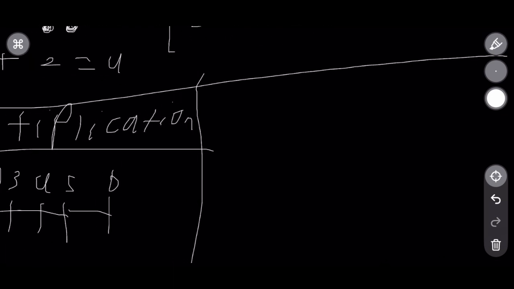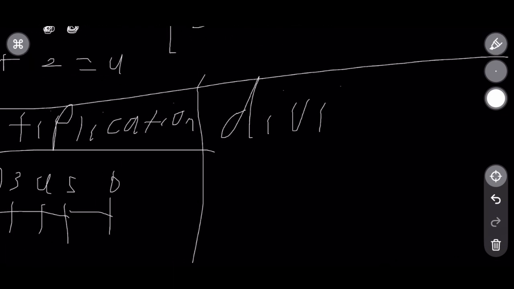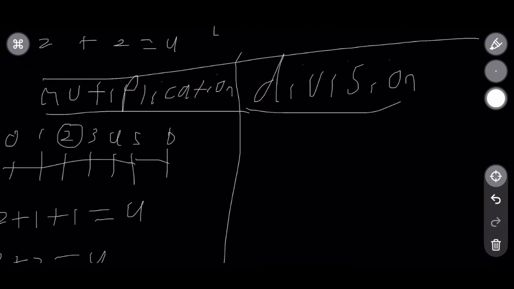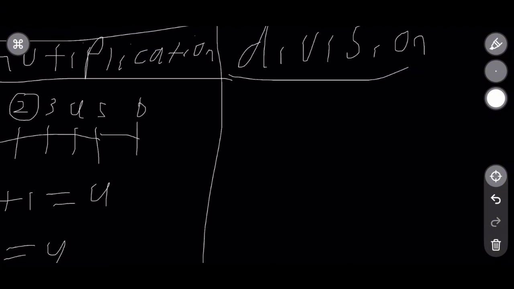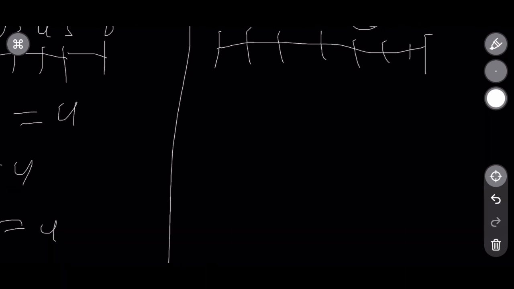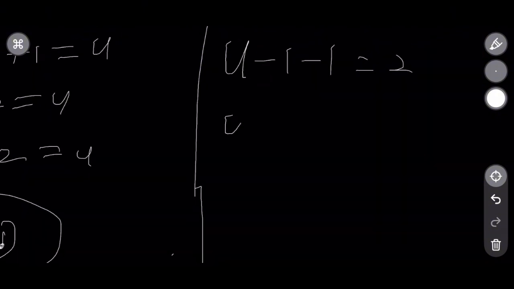Division. Personally, I find division the hardest. So, let's say Johnny has 4 apples, and then he wants to go back down to 2, right? You could do 4 minus 1 minus 1 equals 2, or 4 minus 2 equals 2.